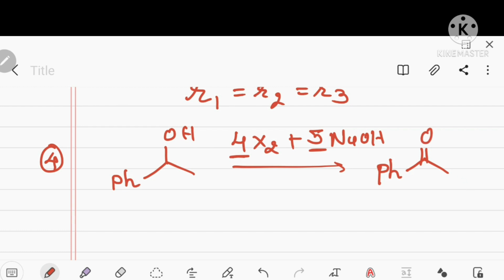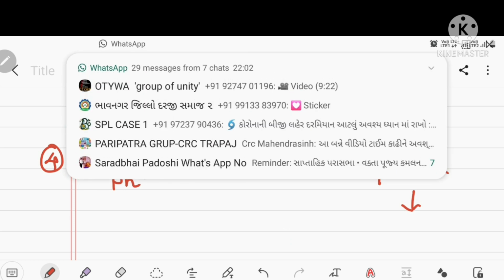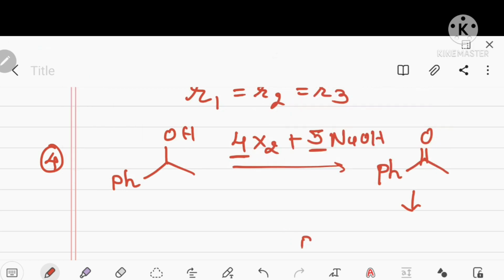Now for the next step, methyl keto is forming. In the first step you have not given it, but in the second step it is forming methyl keto, and then it can easily give the iodoform test, and the next step we easily know, C double bond O minus Na plus, and CX3. So in this way we can solve these kinds of typical questions.